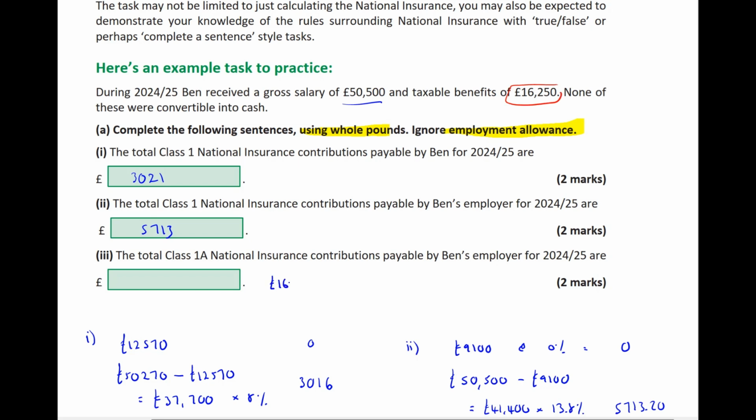So 16,250 of taxable benefits, the whole lot at 13.8%. That gives 2,242.50, rounded to the nearest pound, 2,243.